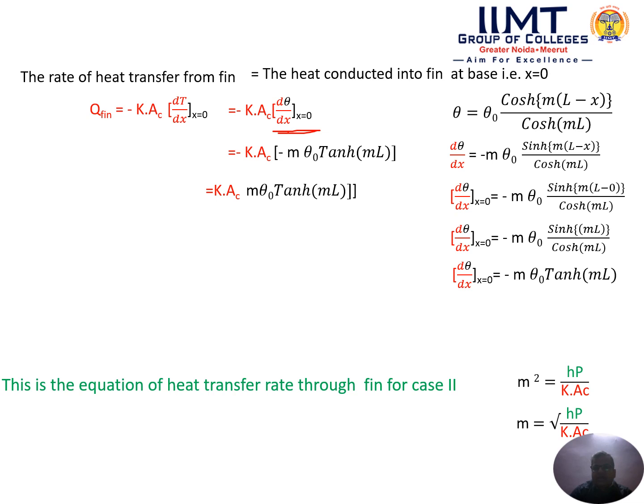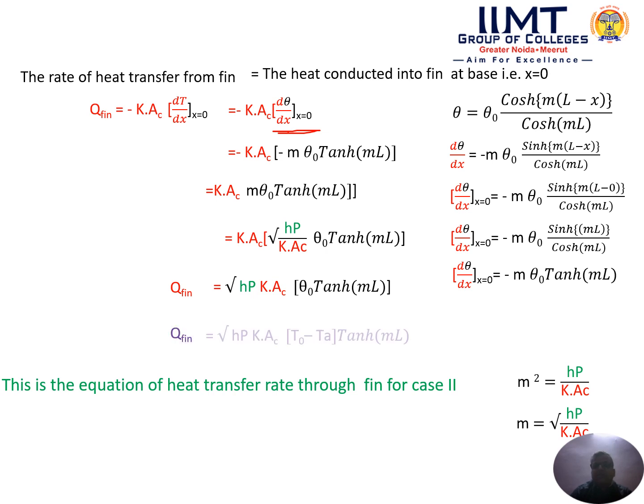m is equal to under root hP upon kAc. Then kAc and kAc cancel, and this can be written as under root hP kAc d theta tanh(ml), and d theta is equal to T naught minus T infinity. Then Q fin is equal to under root hP kAc (T naught minus T infinity) tanh(ml).